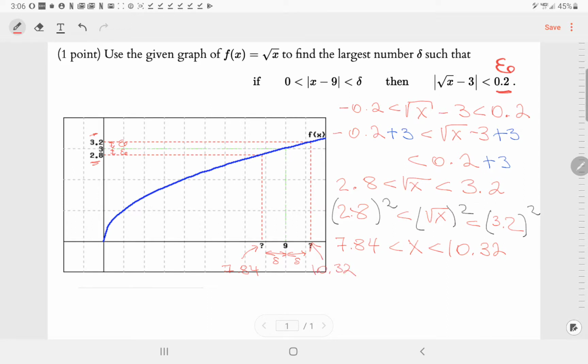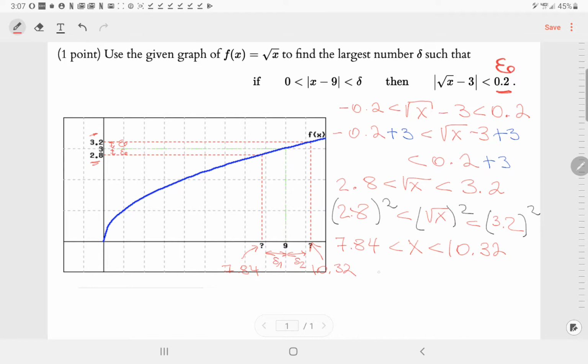So we want to see how far away we are on the left and on the right side from 9. To find that out, we can do a simple calculation. Let's call the one on the left side delta 1, and the one on the right side delta 2.